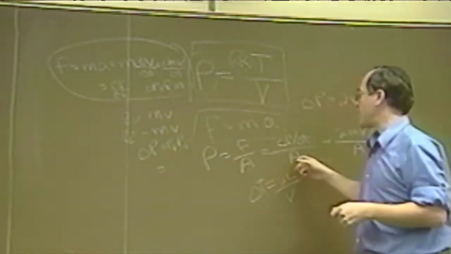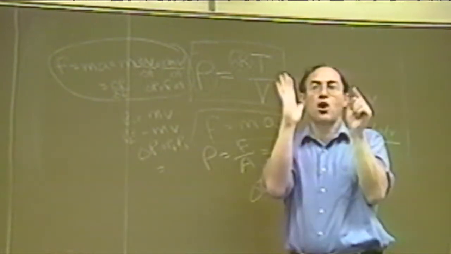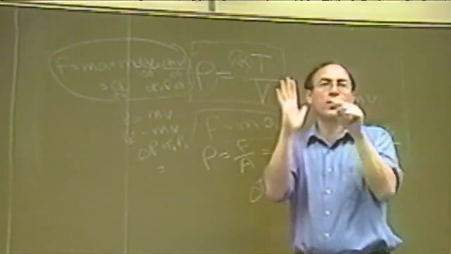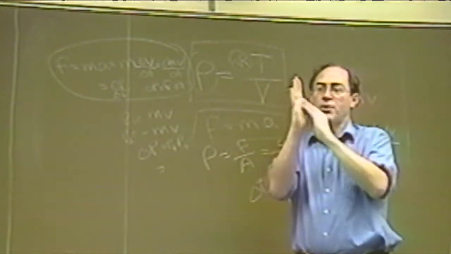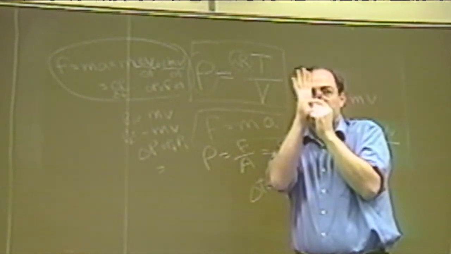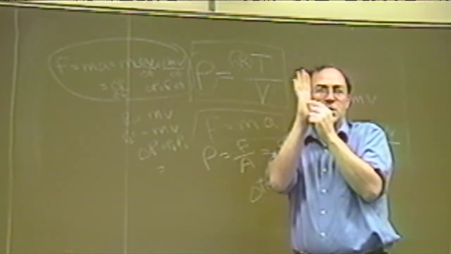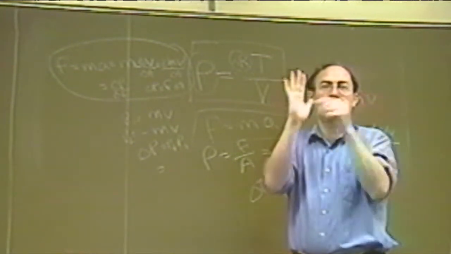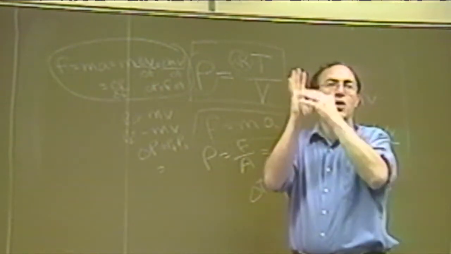So this area is not, just like the time wasn't the time of the actual collision, but was averaged out over the whole cycle. The area is also not the exact specific location of the collision, but the whole wall. So it's averaged over the wall, because there are going to be, again, many collisions per second and many particles.